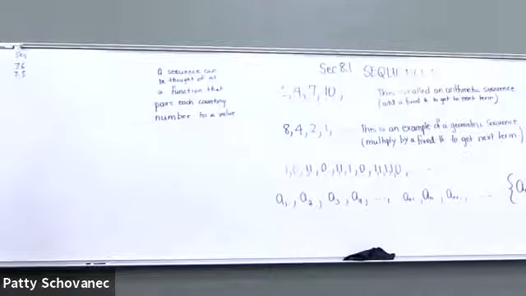So if my counting number is 1, it pairs it to the value a_1. If the counting number is 5, it pairs it to the value of a_5.